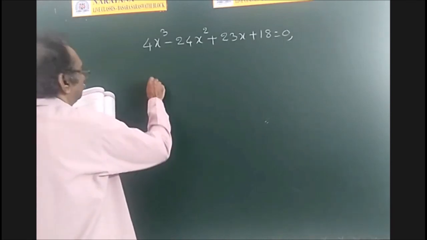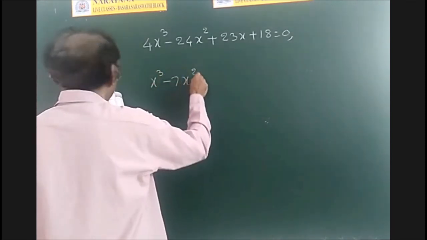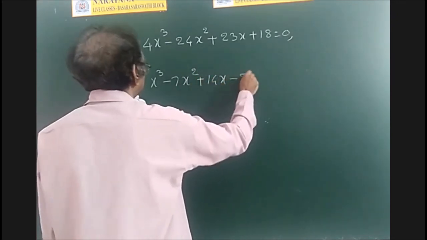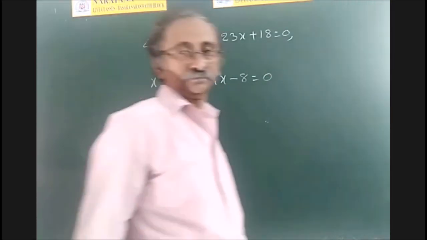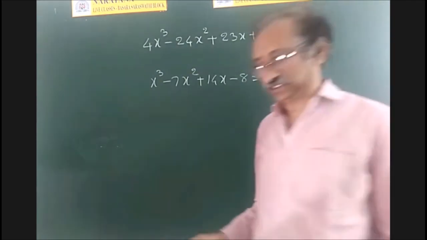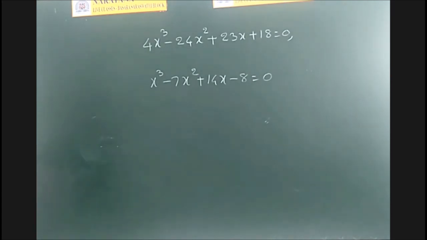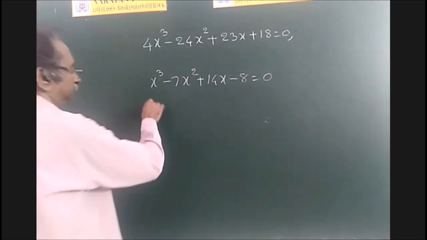Second problem, x cube minus x square plus 14x minus 8 is equal to 0. Solve that equation, given that the roots are in GP.